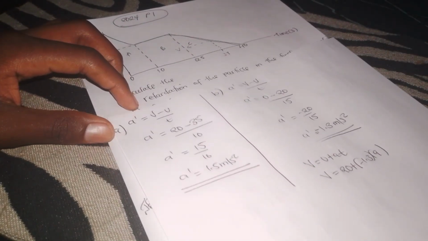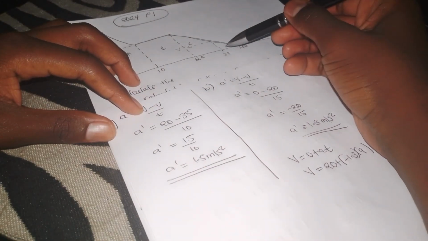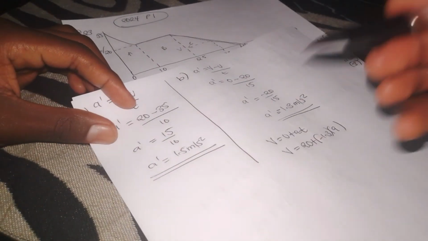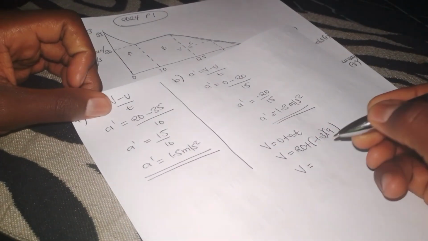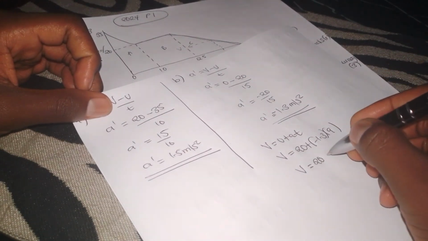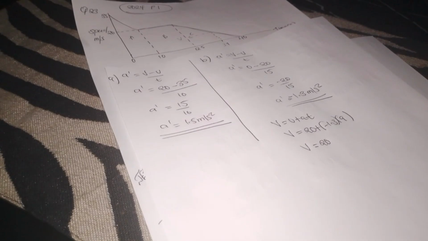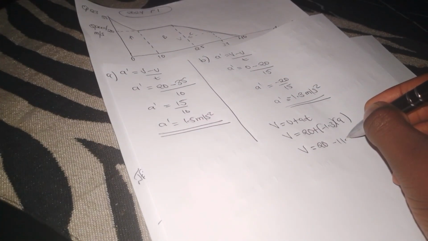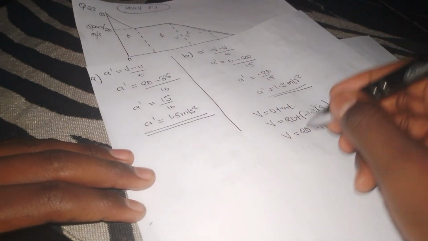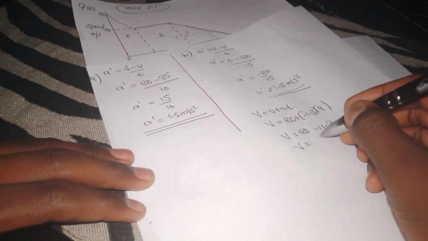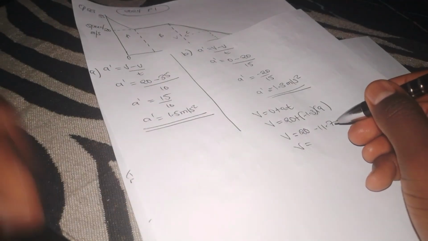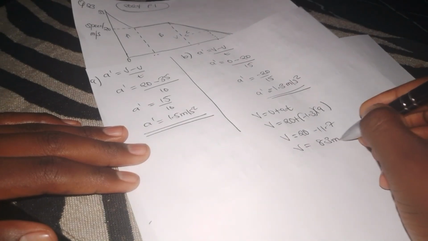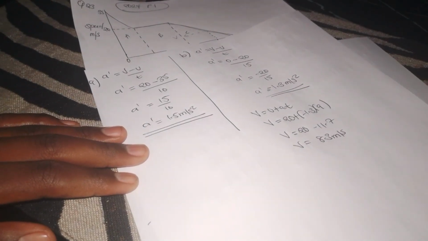Because 40 minus C1 we are going to get 9. So velocity is equal to 20 minus 11.7, then v is equal to 8.3. I'm sorry if this is not correct, but I think it's correct. So this is the speed.